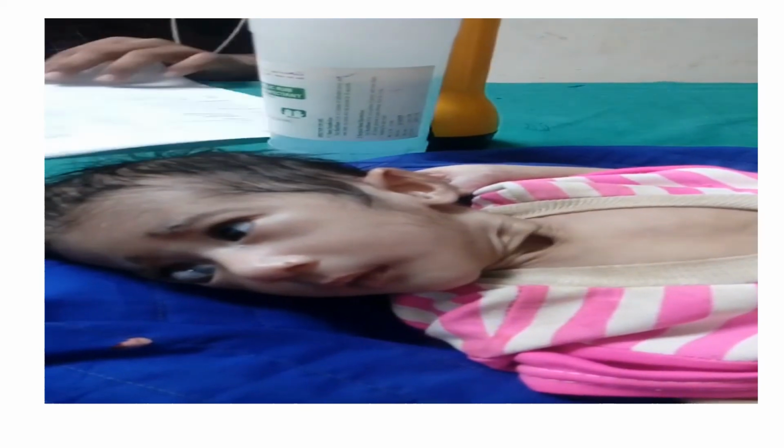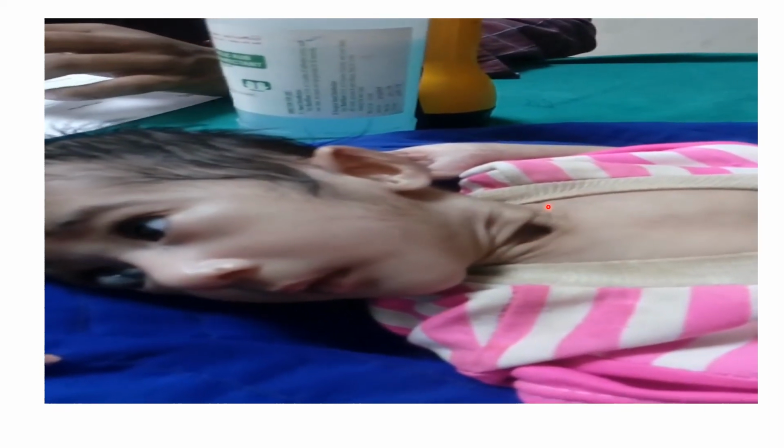Now in this video you can see the child is having severe respiratory distress with suprasternal retraction and stridor sound. This is the stridor sound. During inspiration, the child is having audible stridor. Here also, the child is having suprasternal retraction with stridor.